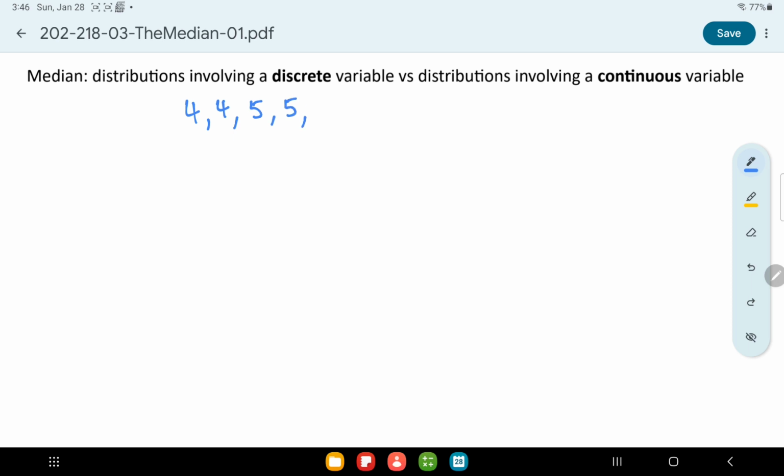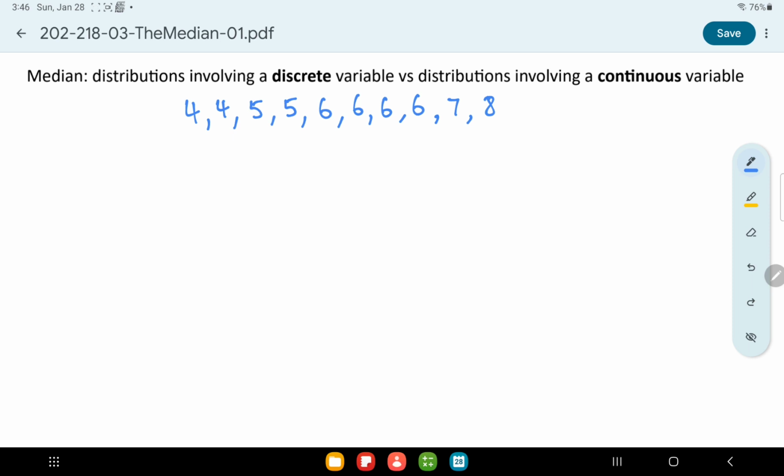And for simplicity's sake, I am already arranging the distribution in ascending order, okay, from smallest to the largest. Let's just say that the number 6 actually shows up 4 times. The number 7 shows up once, and the number 8 shows up once.